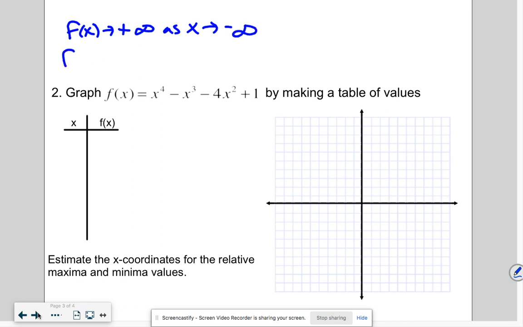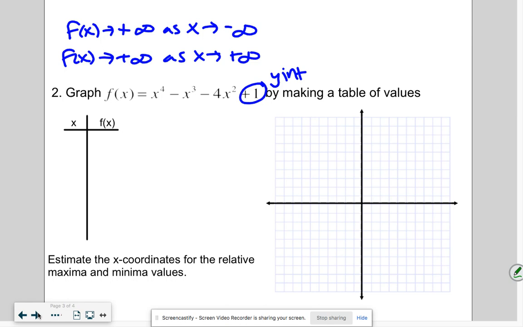And we also know f of x is going to go the same direction, positive infinity, as x approaches positive infinity. We've got our y-intercept, and it's a 4th degree polynomial function. All right, so our y-intercept is 1.